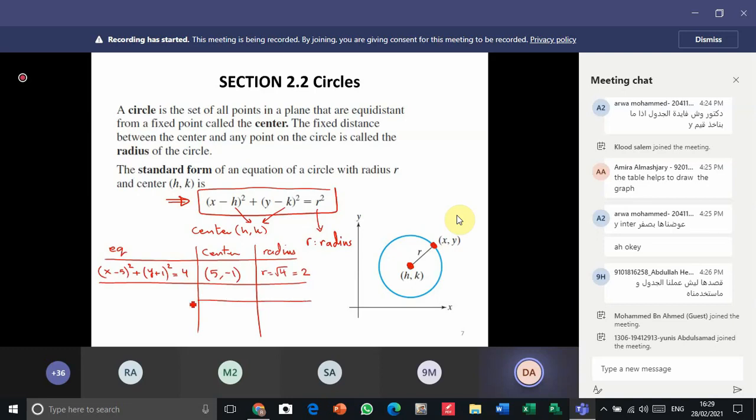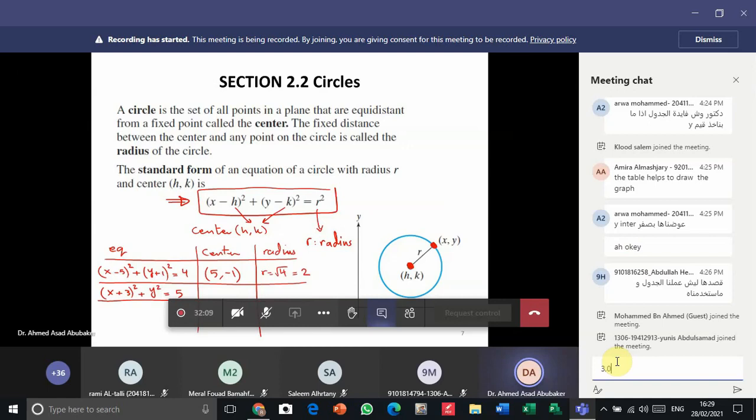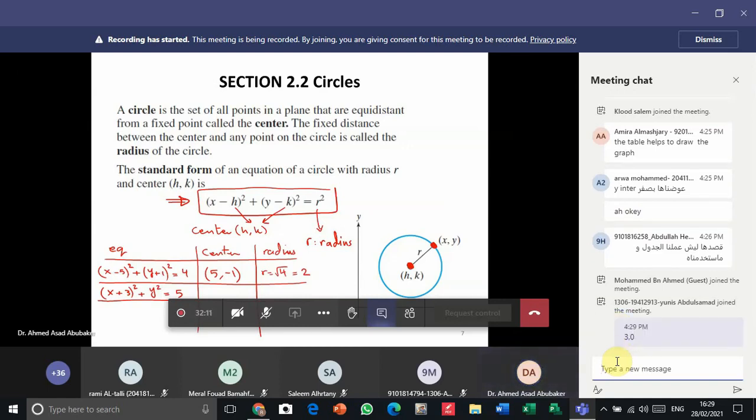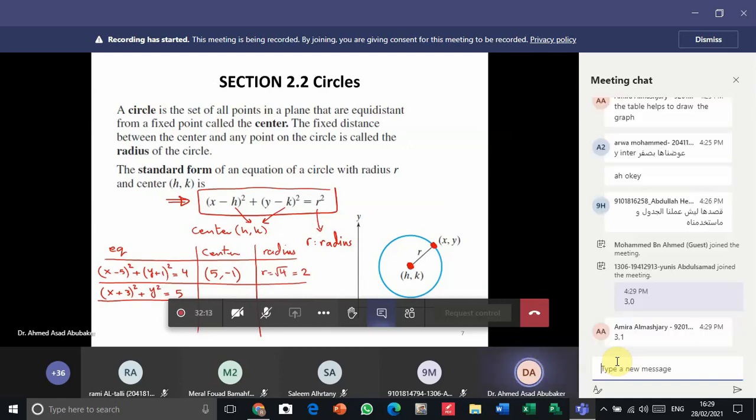If we have another equation, (x plus 3) square plus y square equal 5. What's the value of the center here in the second equation? The value of the center equals what? Hello? What's the value of the center? 3 and 0, good.